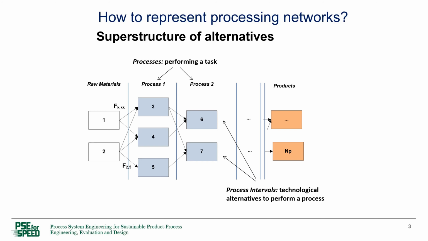So this is the superstructure of alternatives, our way of showing the superstructure. Each of those processes performs a task, and there are multiple ways to perform the task, which is the interval. These can be based on technological developments that we know of, or we can put ourselves.